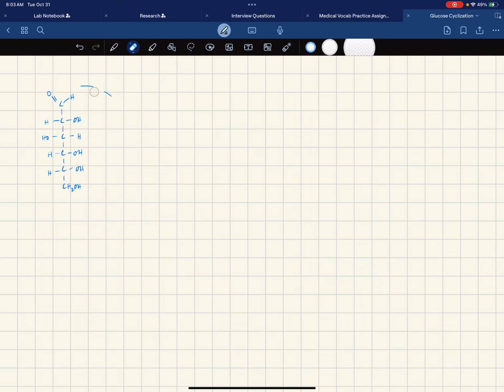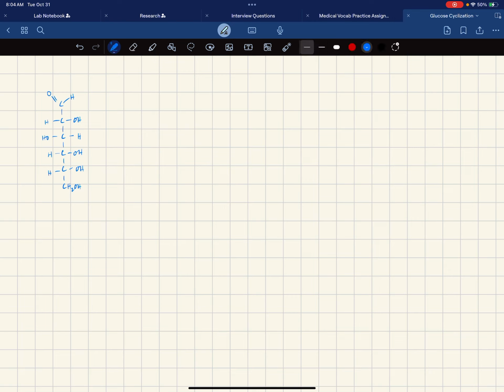This is a little bit weird to visualize initially, but this line is like a string of carbons, and so I'll have my aldehyde over here, my CH2OH is over here, and so when I do that, I'm gonna draw it as if it was already halfway forming a ring, and you'll see why in a second.